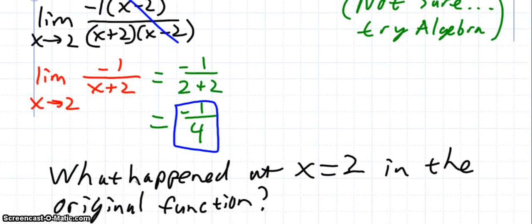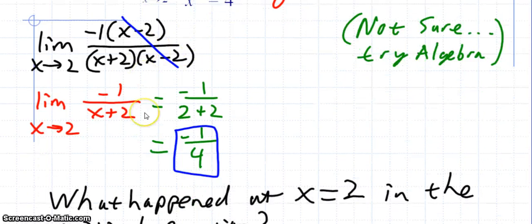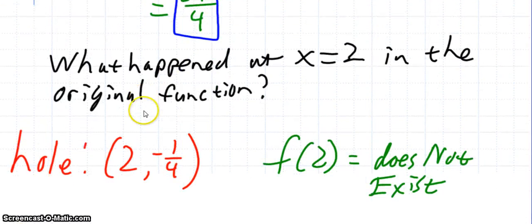So then the big question, what happened at x equals 2 in the original function? The original function being 2 minus x over x squared minus 4. Correct. It was a hole. Very good. And we know that the y value of the hole is what we get when we plug the x value into the reduced function. Remember that? It all comes full circle, right?